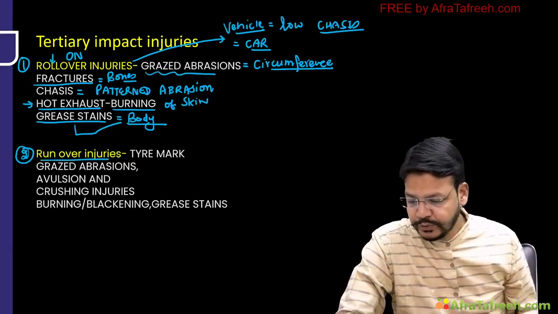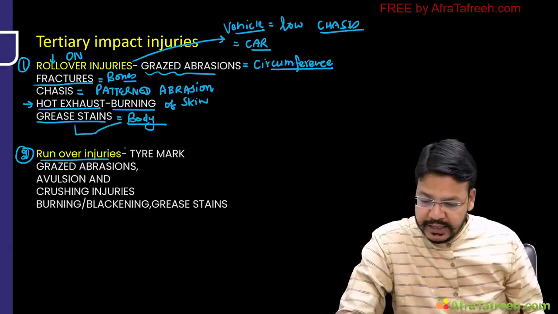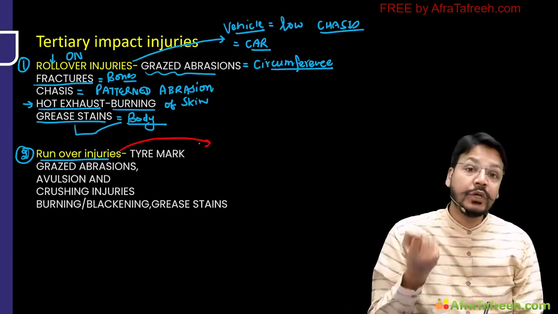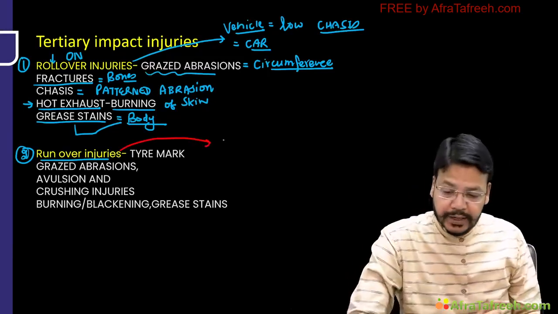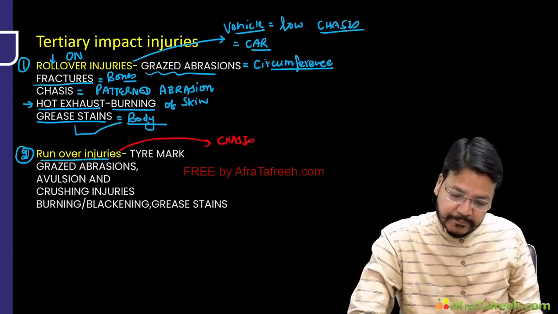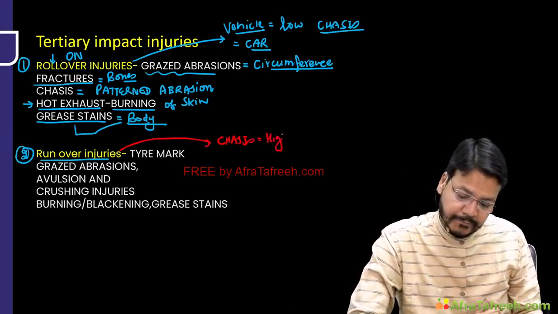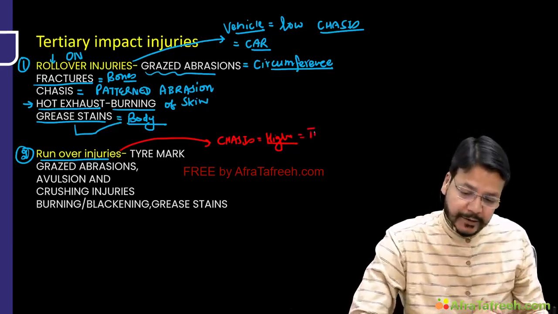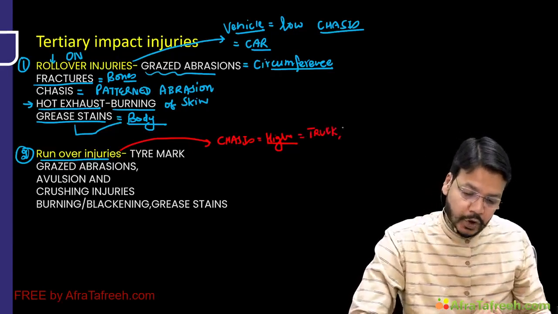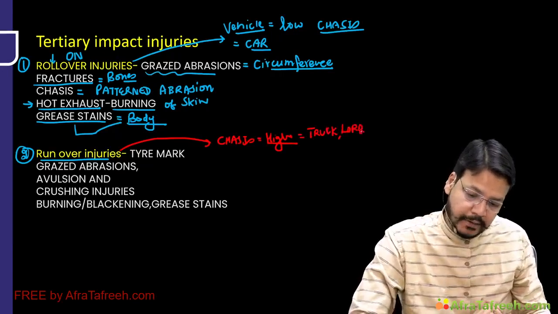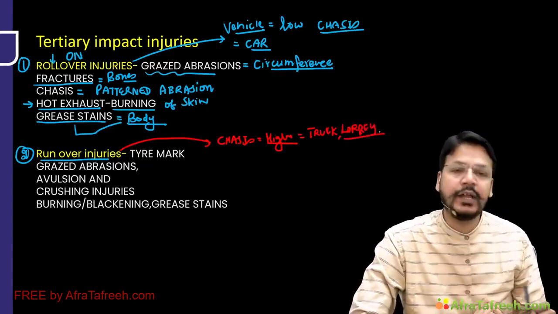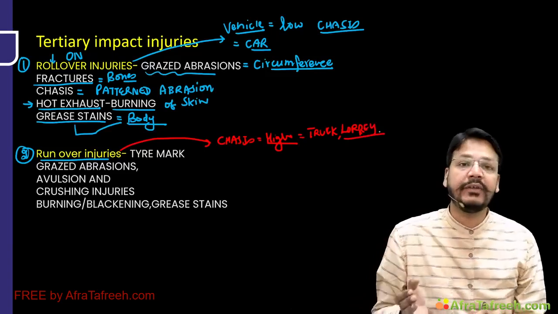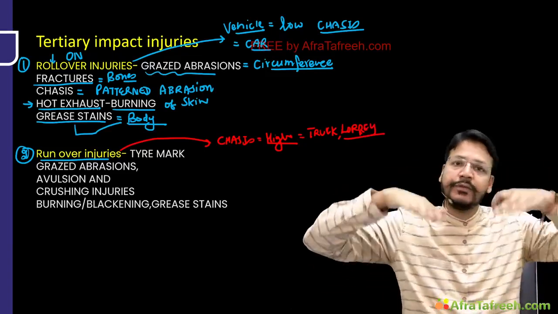My dear friend, first question. Run over injuries are caused by heavy vehicles where the chassis is high. Example, the heavy truck, lorry. These cause run over injuries because the chassis is high, higher from the ground.